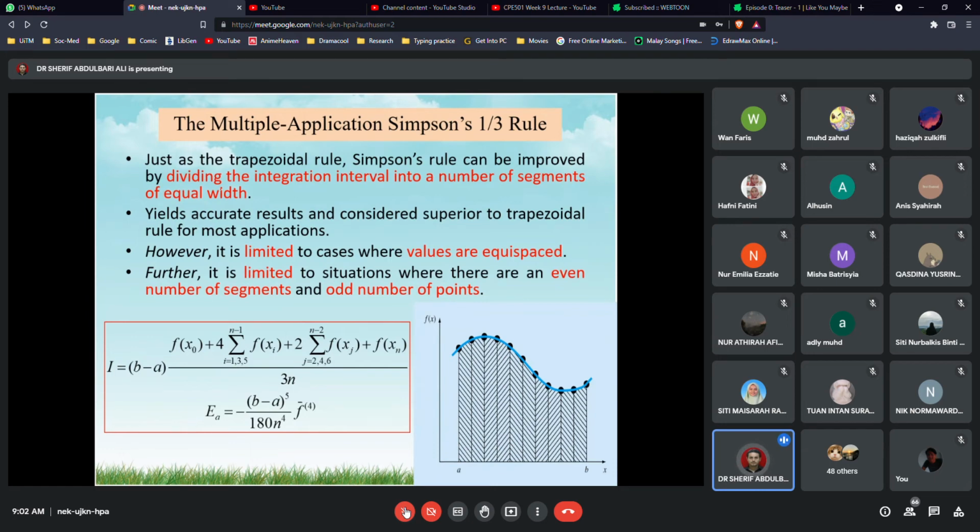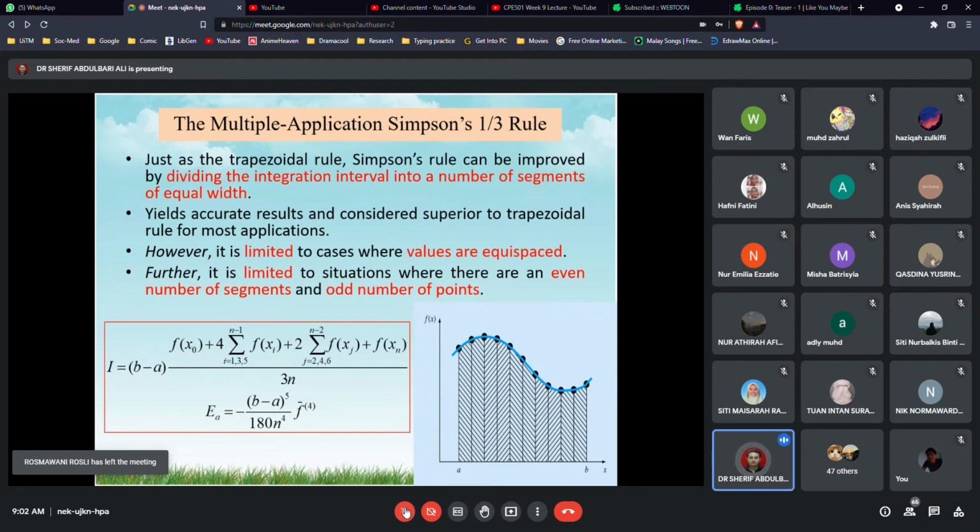It's limited to the case where the segments are equally spaced, so the step size must be exactly the same. Between x0 to x1 is supposed to be equal to x1 to x2, and x2 to x3. The step size must be equal.